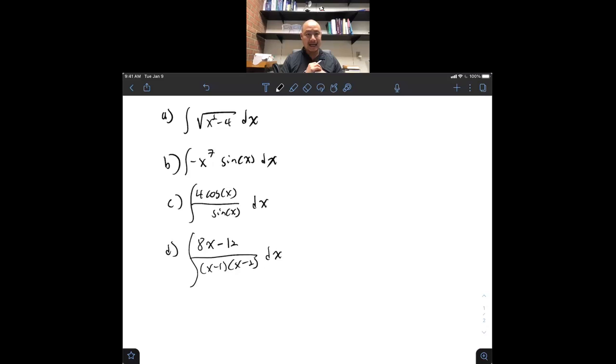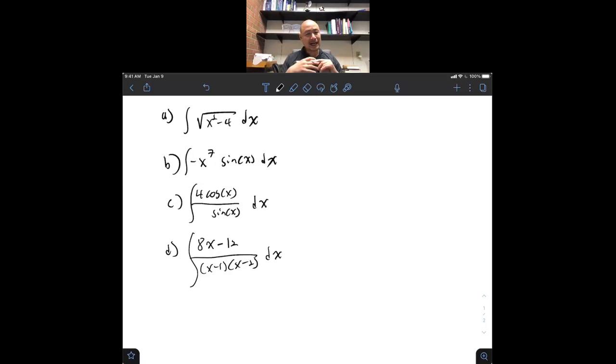So I am looking at the first one here, A, and for some things I want to notice is that there's not really a great choice of factors to do parts on. It's not a rational function, so it doesn't really make sense to use partial fractions.